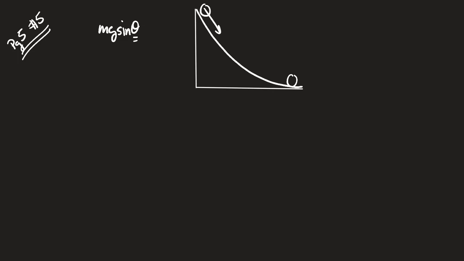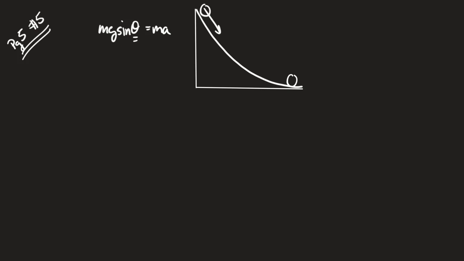Sine increases with angle. So, as the angle gets bigger, mg sine theta gets bigger. That has to equal ma. So if it's steeper, it's going to accelerate more. So this object's acceleration starts large and gets smaller.